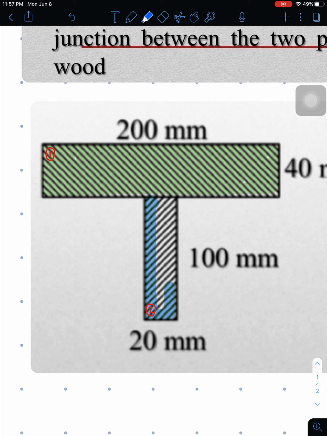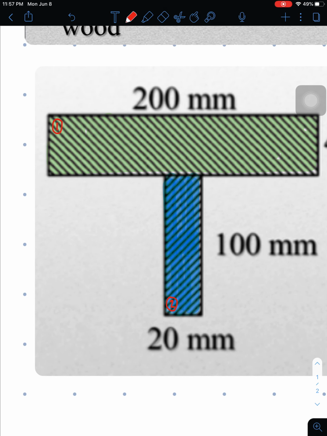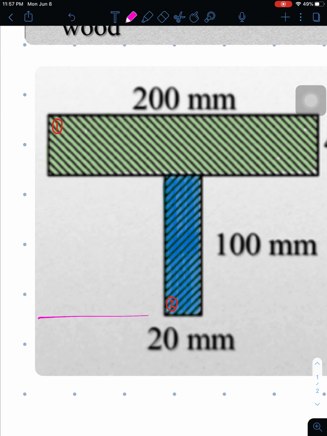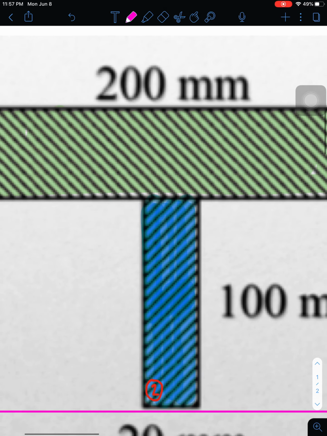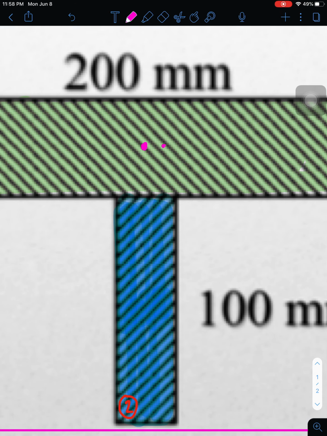Okay, so right, so we're going to place a reference line. I'll call this reference line the X reference line. Afterwards, I'll be measuring the centroid of this area 1. So it's found here.